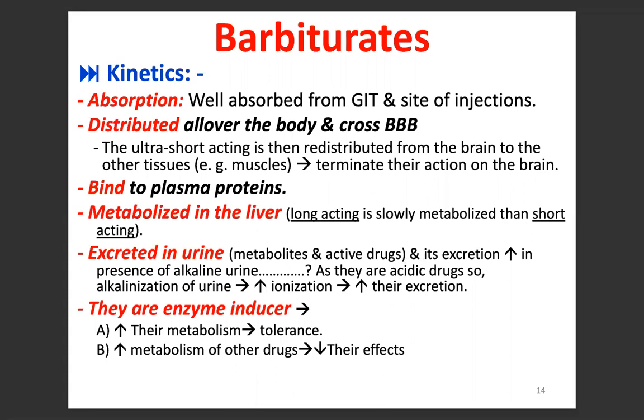If the patient takes an excess amount of barbiturates by mistake, or the dose is higher, to remove this dose, because barbiturate is barbituric acid, the nature is acid.